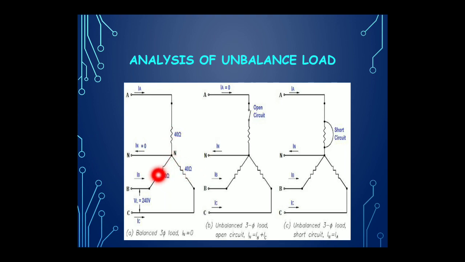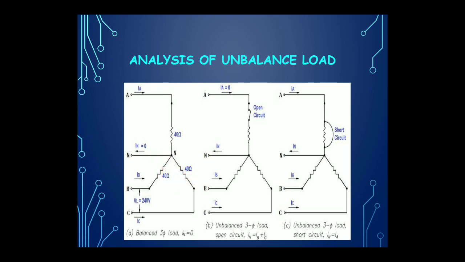So the phase voltages are also the same, and this phase current is also the same. Or you can say that it is the load current, because these are the load impedances. Then the three currents meeting at a node, the algebraic summation of the currents is 0 according to Kirchhoff's current law, because this is a balanced circuit.